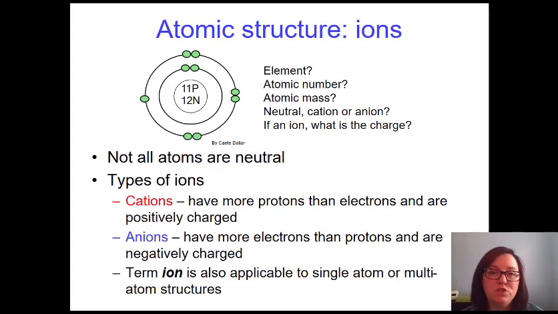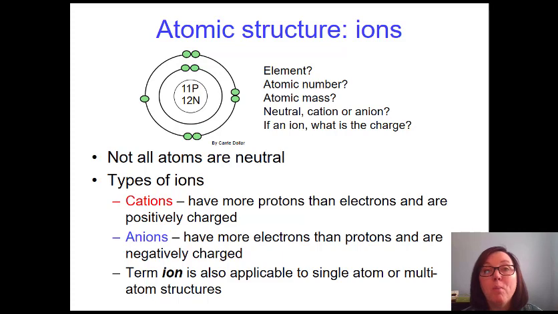Now, we were assuming that atoms were neutral, but I want to talk about the case of when we have an atom that's not neutral. I want to talk about ions. Ions are charged atoms, and a charged atom can either have a positive charge or a negative charge. To determine if something is an ion, we really have to compare the numbers of protons to the numbers of electrons.